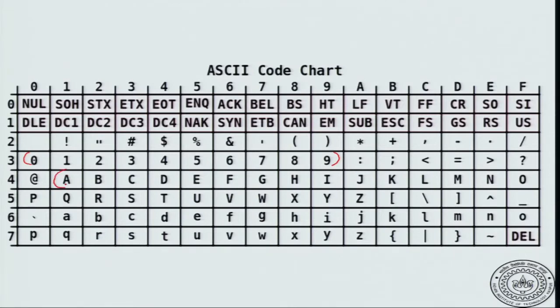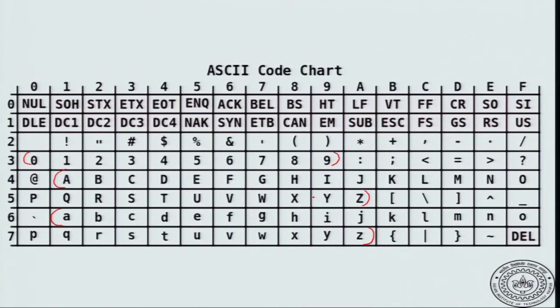All the capital letters from A to Z occur together in the table in alphabetical order. Similarly, all the small letters occur together in consecutive locations in the ASCII table. Also, another property that you can observe is that the small letters occur after all the capital letters.